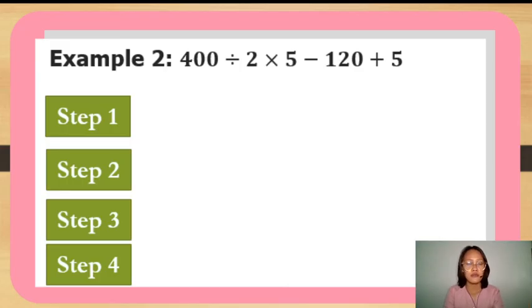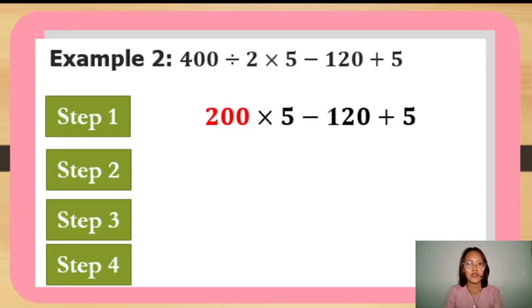Multiply or divide from left to right, add, subtract from left to right. So, dito may nakita tayo, meron tayong division and multiplication. Unang nag-appear si division kesa kay multiplication, kaya magdi-divide muna tayo bago tayo mag-multiply. We have 200 times 5 minus 120 plus 5.